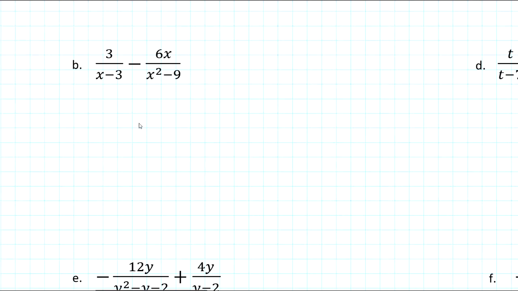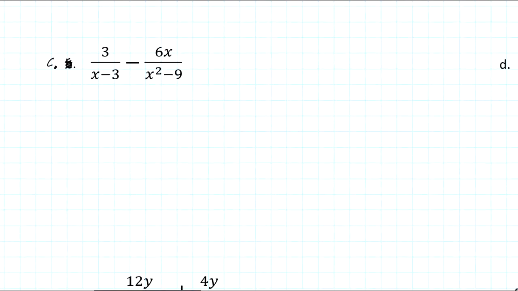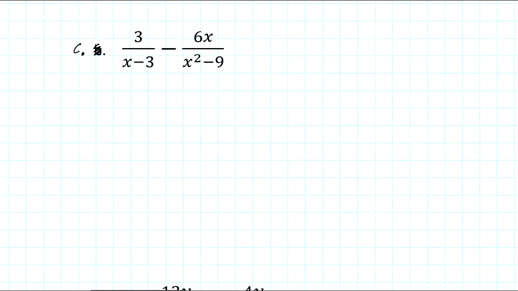So this is part C. You have 3 over x minus 3 minus 6x over x squared minus 9. I'm going to factor that x squared minus 9. So I bring down the 3 over x minus 3, and then I go minus 6x over x minus 3 times x plus 3.